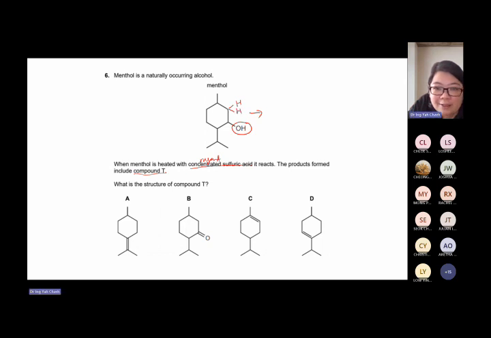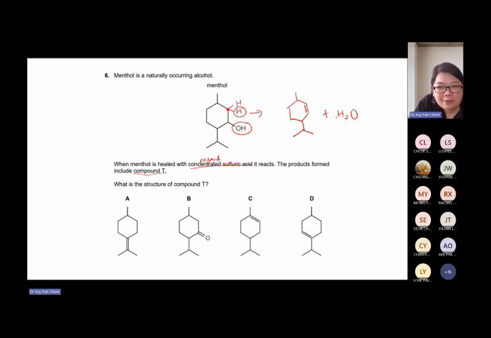Yes, two neighbors. On the right hand side, I focus on this neighbor on top. So I remove H and OH. So the alkene that I get will look like this, plus H2O.